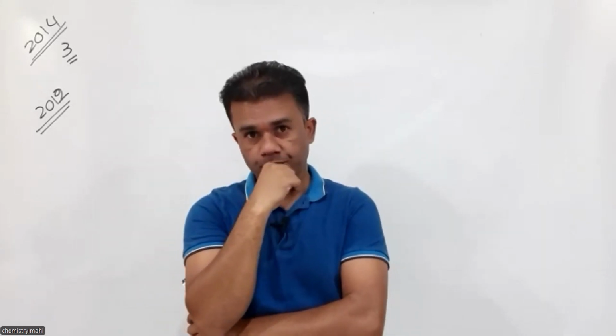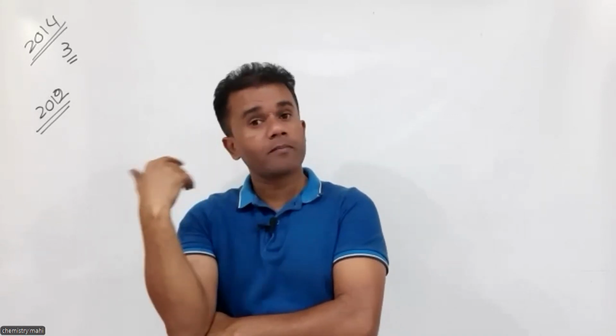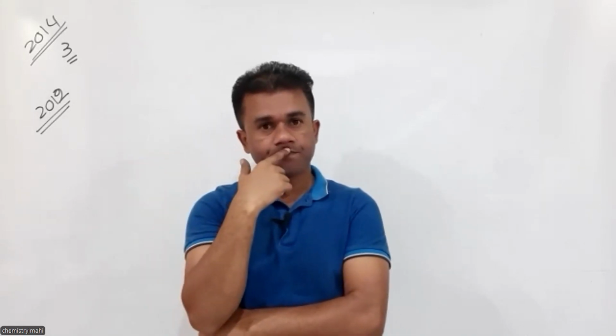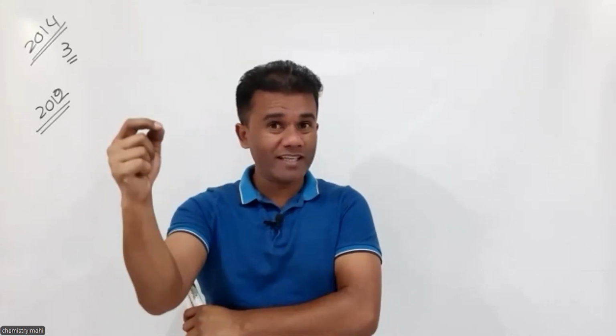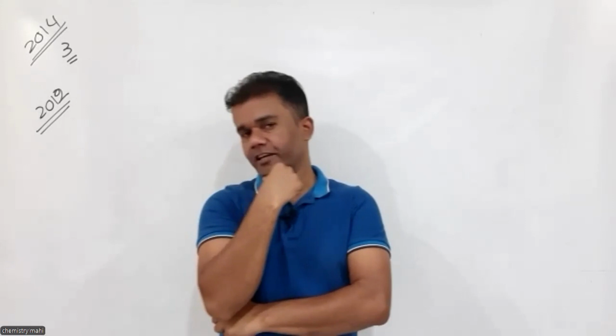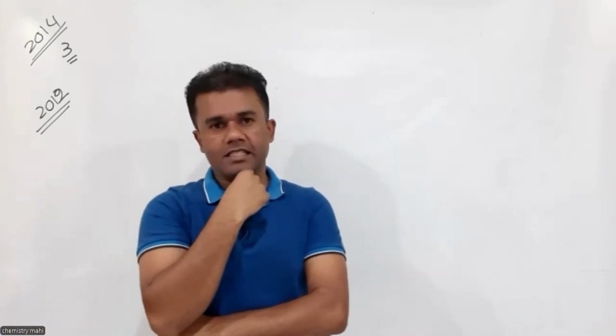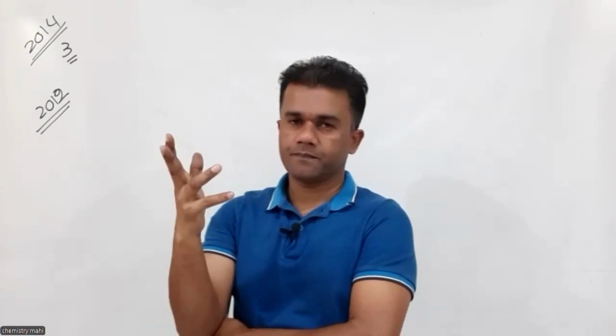In chemistry also, we have something like that. In old papers, we had that trick. Because if they have given a large paragraph, you have to read it, and then definitely the time problem will be there. But finally, you can see only 2 or 3 lines are important for us.